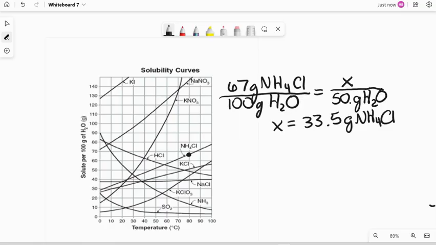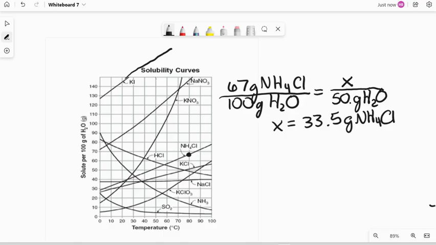So I can look and say, they might ask me a question on a standardized test about how much KI would dissolve in 50 degrees Celsius water. And you're going to look and say, well, that's not on there. Well, you can do what's called extrapolating a graph, and you can read some things that are off of the graph.